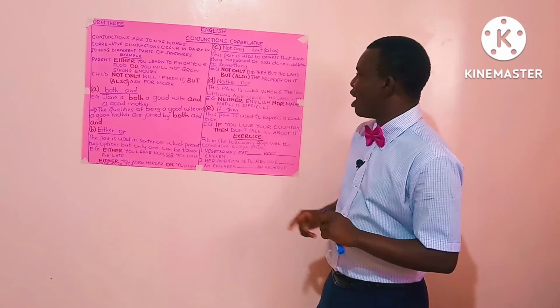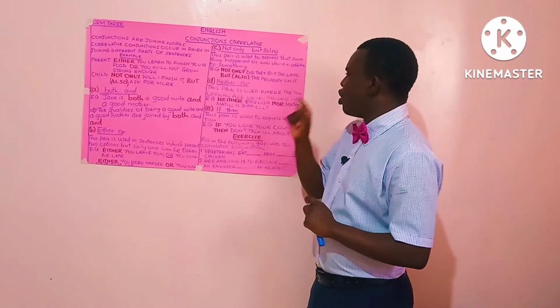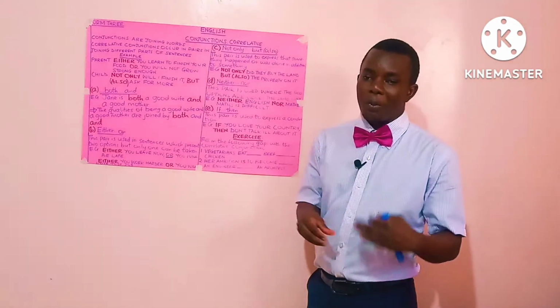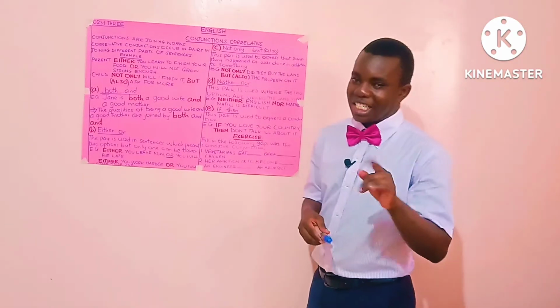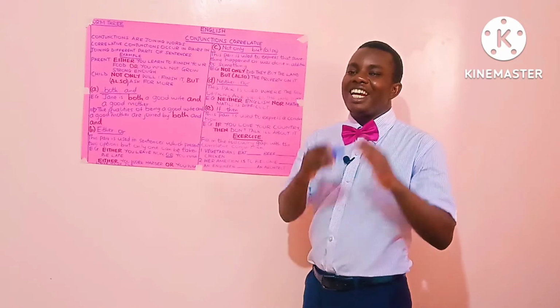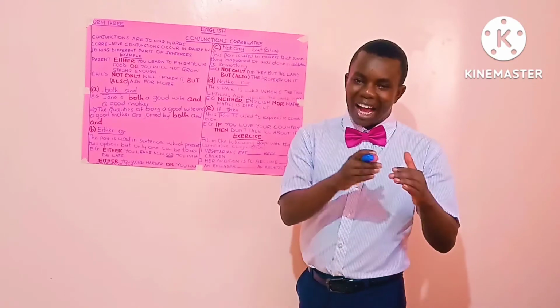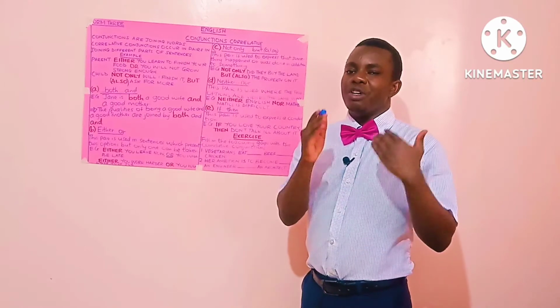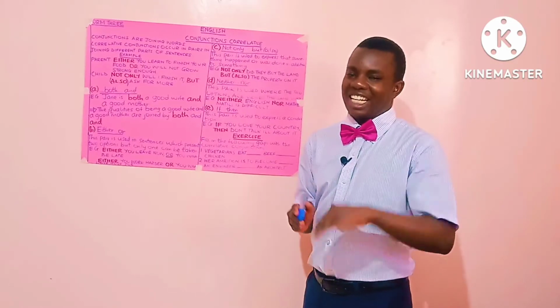So an example here, not only did they buy the land, but also the property on it. So in addition to buying the land, these people also bought the property on it.